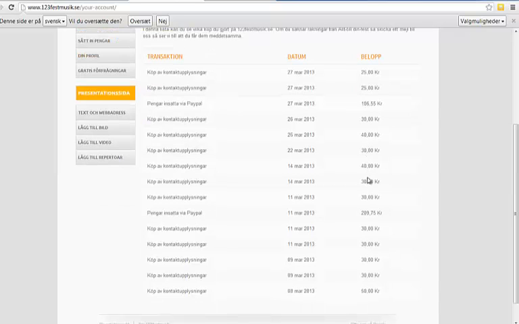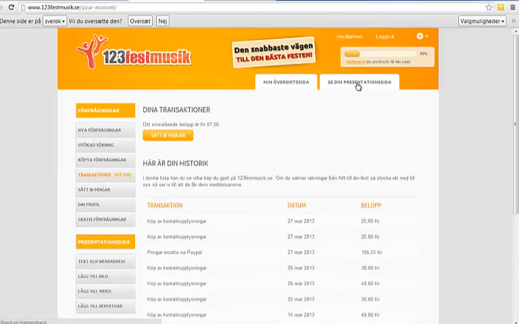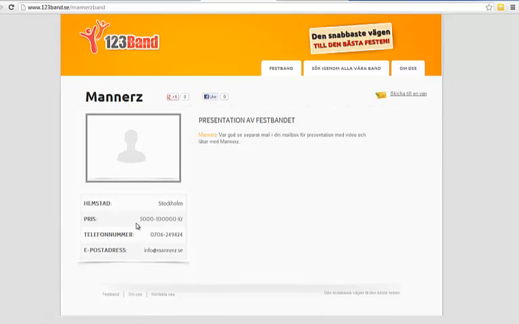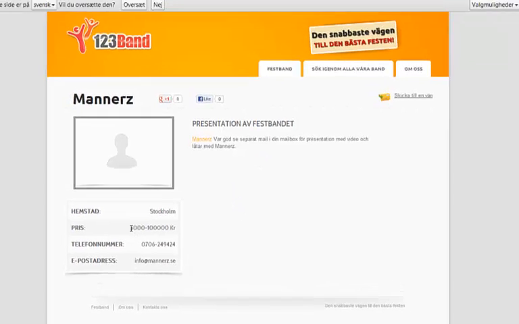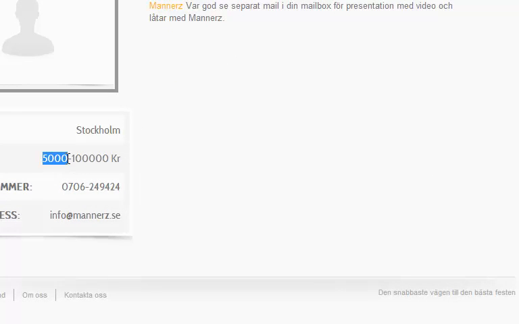His average price is 30 kroner right now, so that means it will probably be 35. He does not take any jobs below 5,000. Actually, he goes all the way up to 100,000. So we could expect this guy's minimum average price for a gig is 7.5.